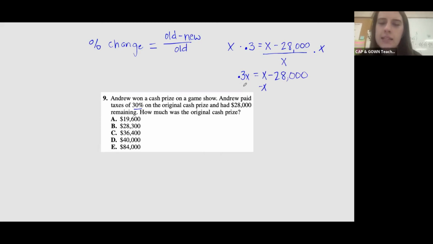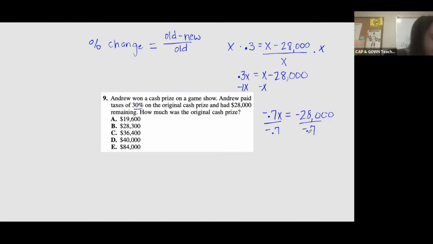So I'm going to subtract x from both sides. 0.3, and then remember this is a 1. 0.3 minus 1 is negative 0.7, and that still has an x on it, is equal to negative 28,000. And it's okay that it's negative because now when we divide that by 0.7, those negatives cancel and we get 40,000.